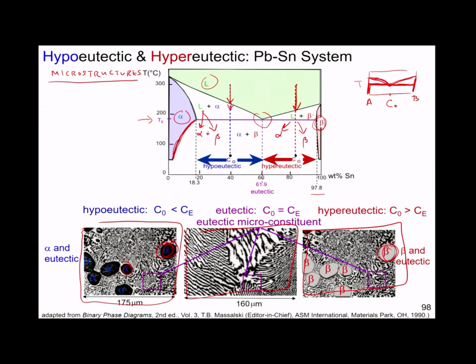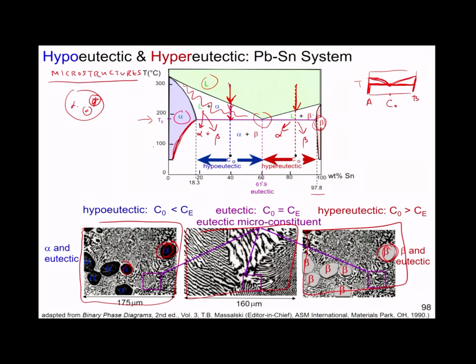If let's say you're in this region here, they form immediately, right? Once you hit the liquidus, you start solidifying some alpha. They form. They don't go away. They stay there.